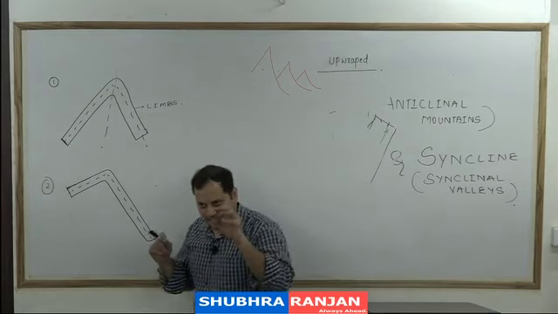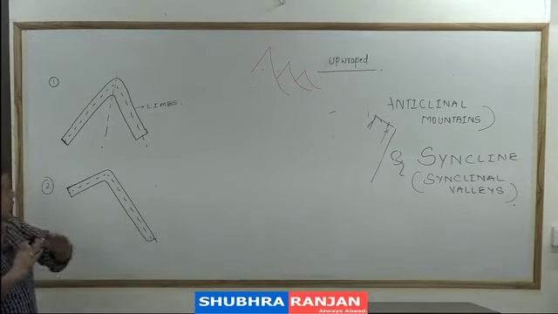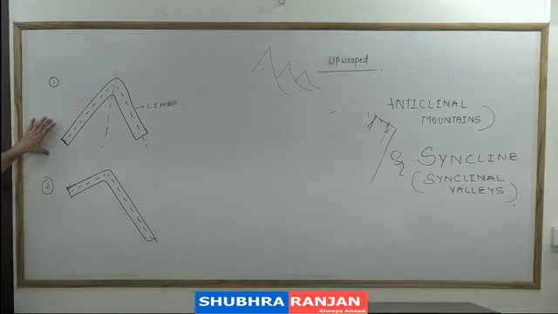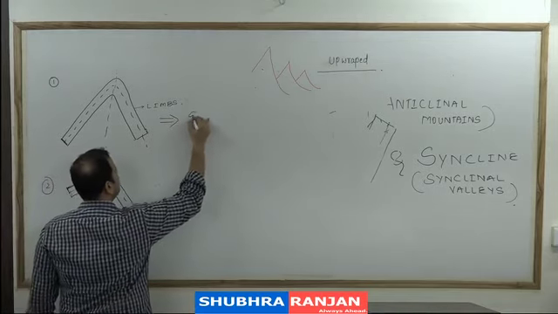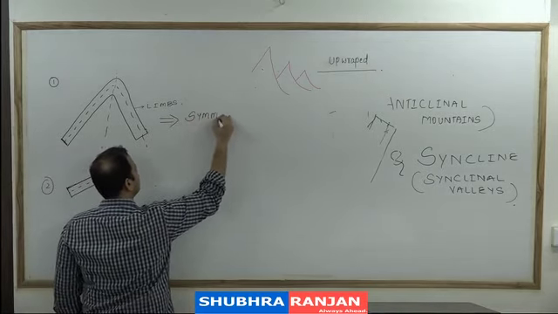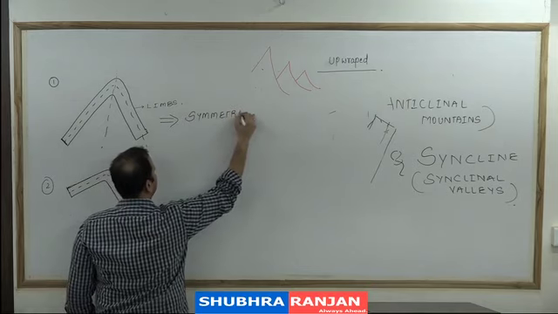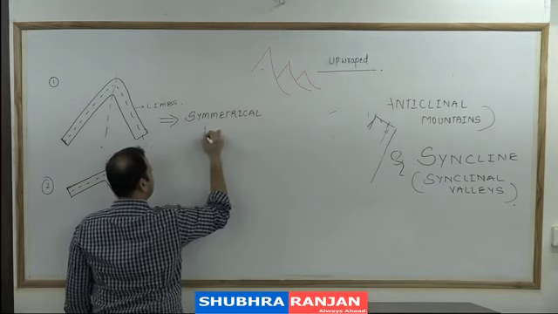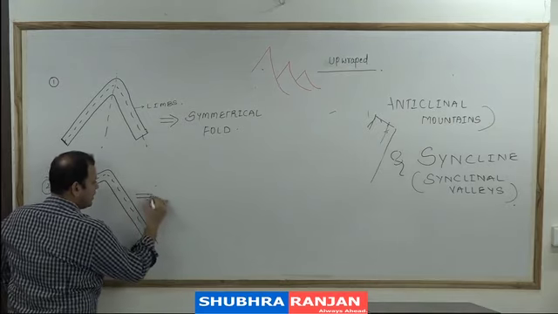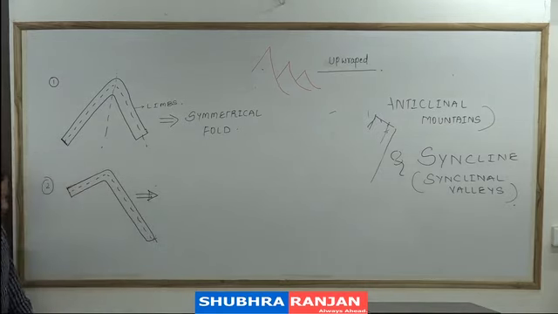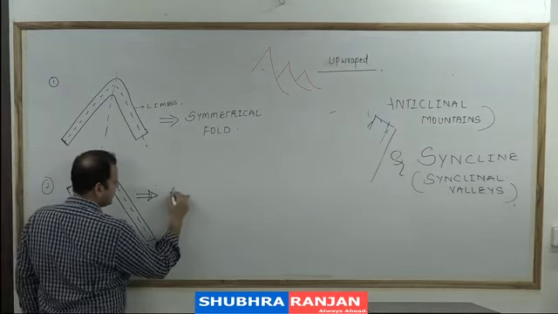So if the two limbs of the fold are inclined more or less similar to each other, then this kind of fold is known as a symmetrical fold. On the other hand, if both the limbs are not properly inclined, we will call this an asymmetrical fold.